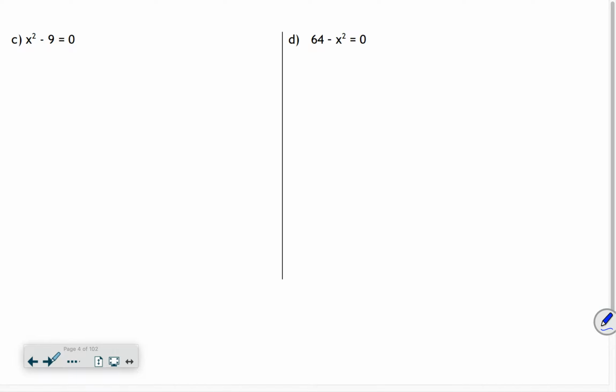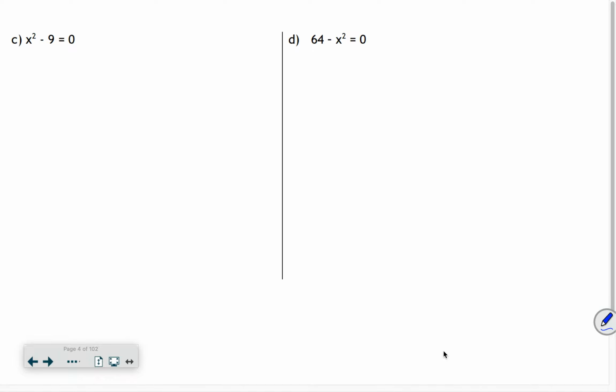The next one, we have x squared minus 9 equals 0. So there's no common factor here, but you recognise it's a difference of two squares. The first term is an x squared, the second term is a 9, and it's separated by a minus. That's all we need for a difference of two squares to work out. We just need a square term, and then separated by a minus.